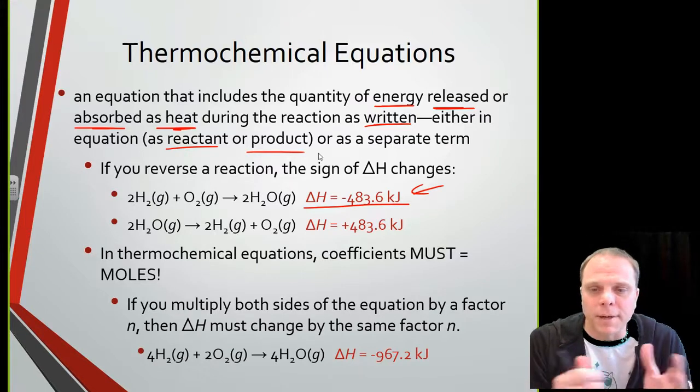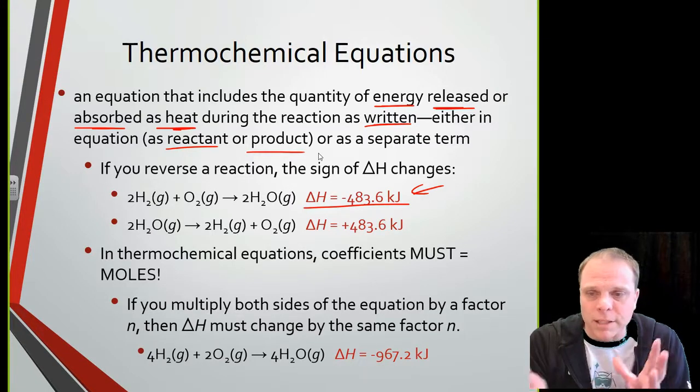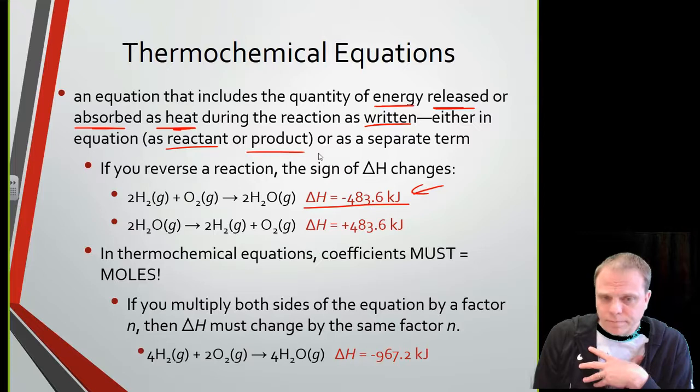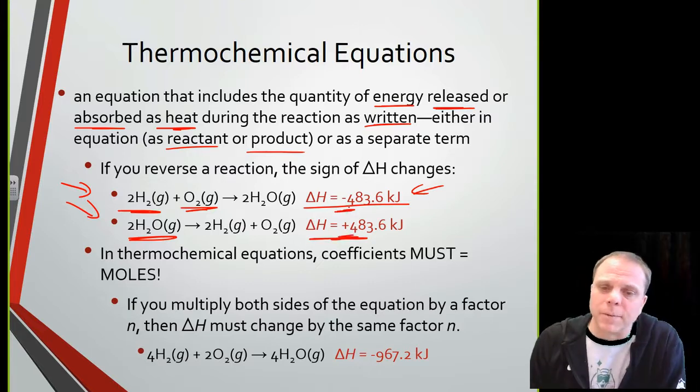What we have written here is chemical equations with their enthalpy changes. You can see the reverse reaction here: this one has the H2 and the O2 on this side, but this one has H2O. Remember that these signs are exactly opposite of each other. That's important to pay attention to.